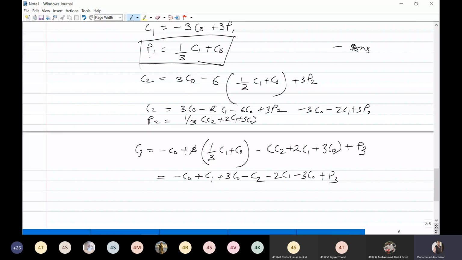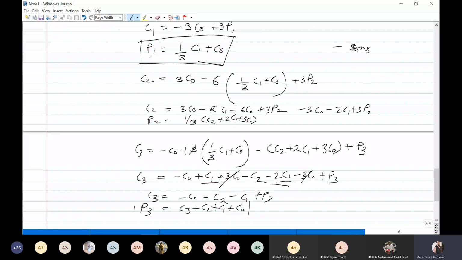After cancelling out, the terms reduce, and you can write down P3 equal to C3 plus C2 plus C1 plus C0.